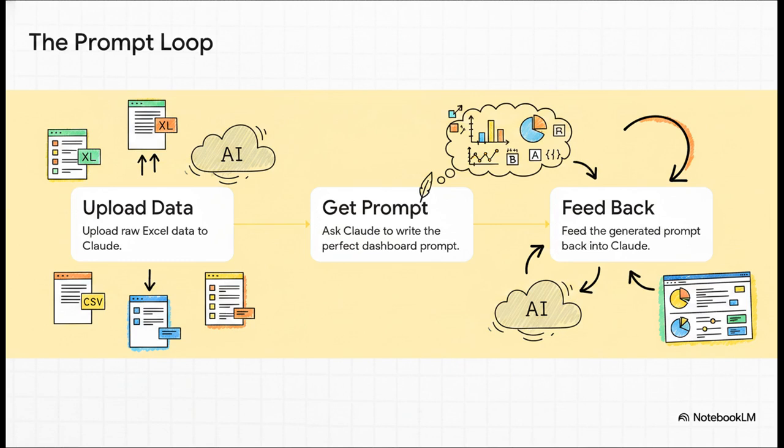The AI will spit out highly detailed, professional-grade instructions that mention color schemes, typography, and very specific charts. Then, Step 3, you open a totally fresh chat, upload your data again, and feed that newly generated perfect prompt back into the AI. It essentially writes its own blueprint, which basically guarantees a flawlessly executed output.